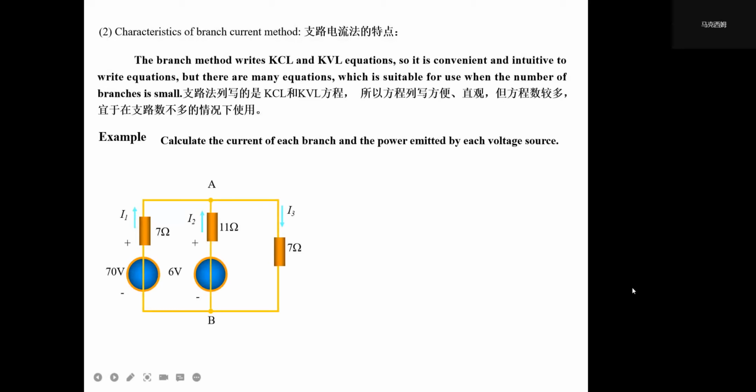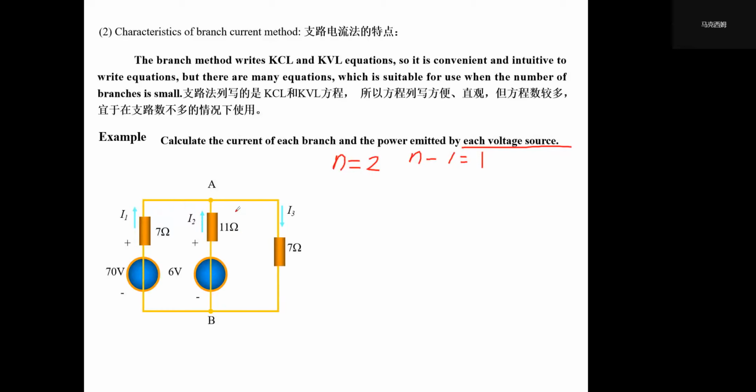Let's see an example. Let's calculate the current of each branch and the power emitted by each voltage source. In this case, we have two voltage sources and 3 resistors. Since we have 2 nodes, the number of nodes equals 2, so n minus 1 equals 1.